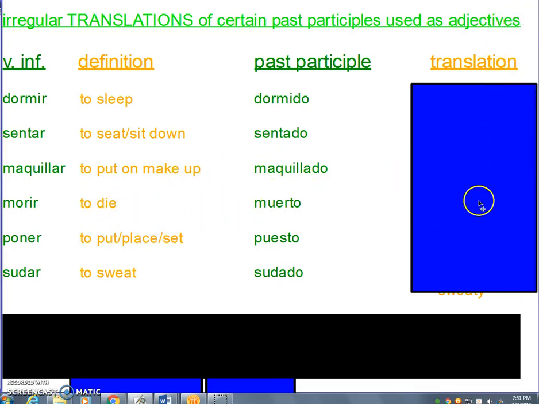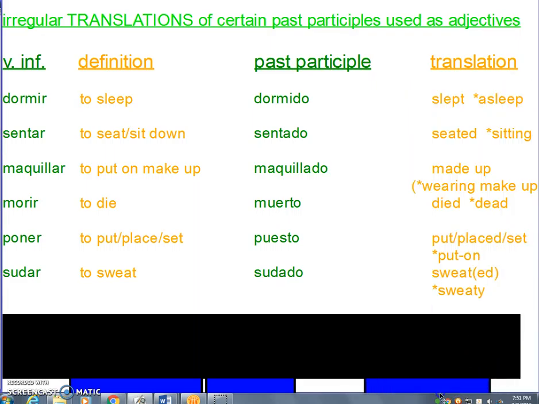But if you're using them as adjectives, they might not mean what you think they would. It can mean slept, but as an adjective it means asleep. It does mean seated, but as an adjective it can mean sitting. Maquillado can mean made up, as in wearing makeup. As the past participle, muerto should mean died, and in certain phrases it does, but if it's being used as an adjective it means dead, and so on and so forth. So you can see those here.